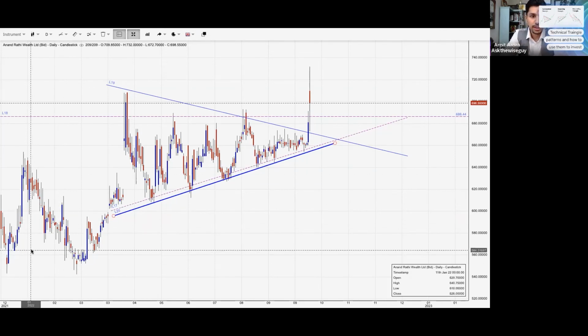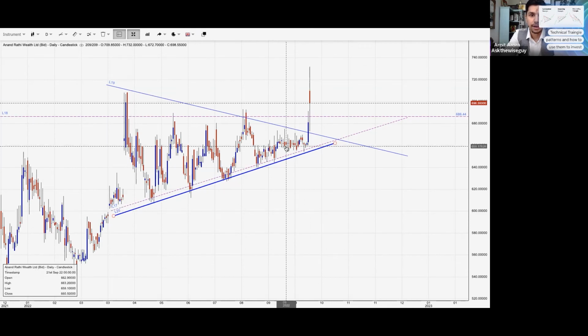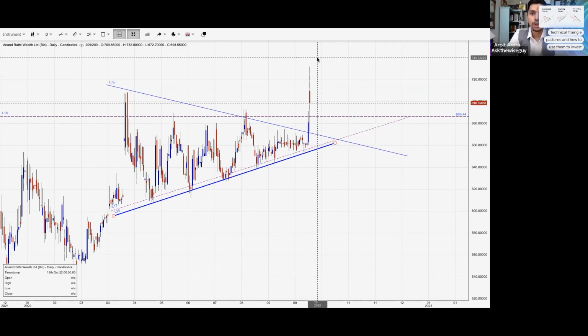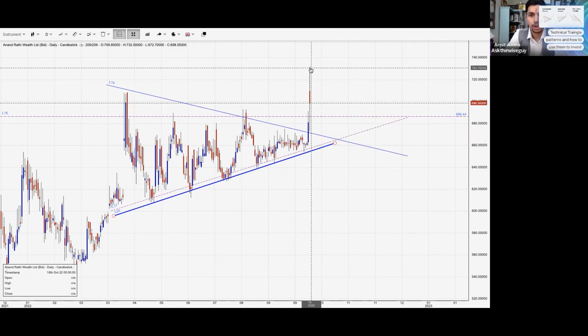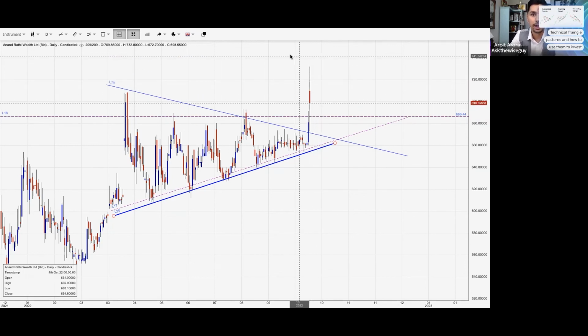So if you see, this was a symmetrical or ascending triangle, which is what we had seen in the image. And we saw this breaks on the top side. This broke on the top side in 2 days of me saying it to him, and move almost 732, which is 80 rupees. And I don't think ये 750 से पहले रुकेगा ये stock.